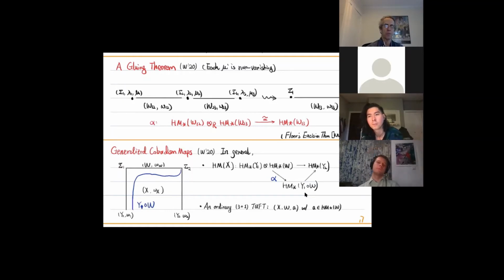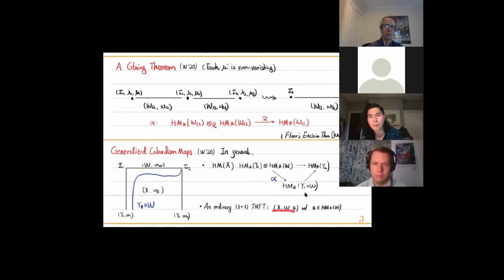Of course, this is not going to give us a standard TQFT if I state it this way. But there is a different point of view. If we instead define a morphism as a triple, where (X, W) is a cobordism like this, and A is an element in this Floer homology group, then we can recover an ordinary 3+1 TQFT, meaning a genuine functor from a cobordism category to the category of groups.